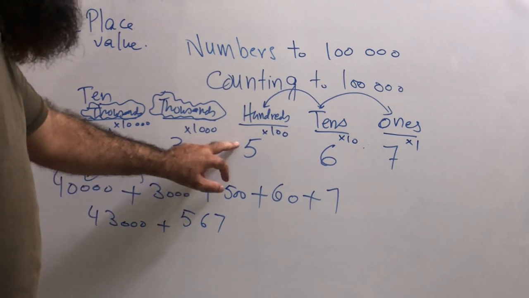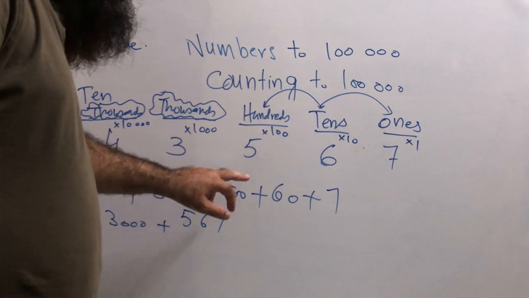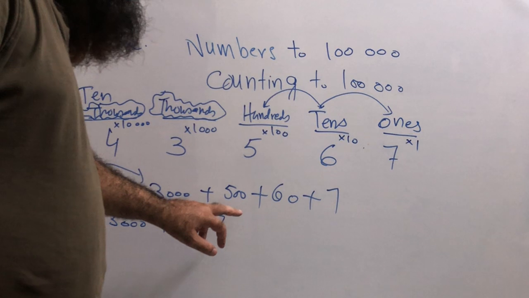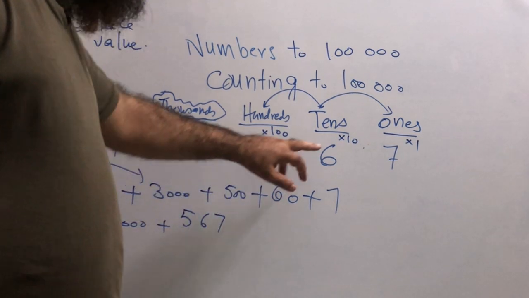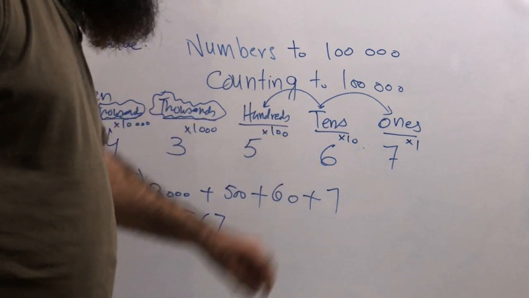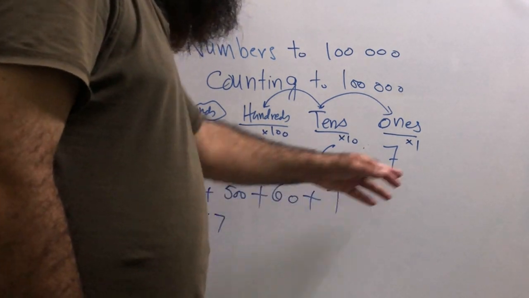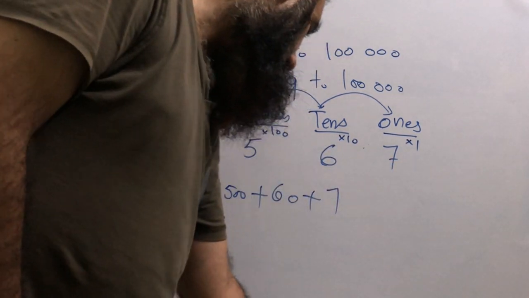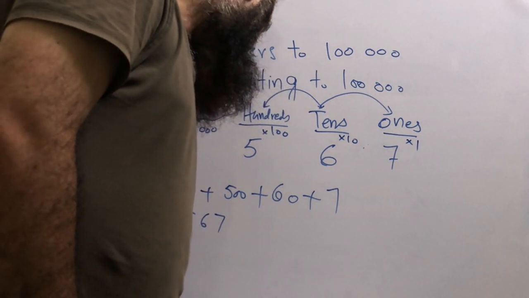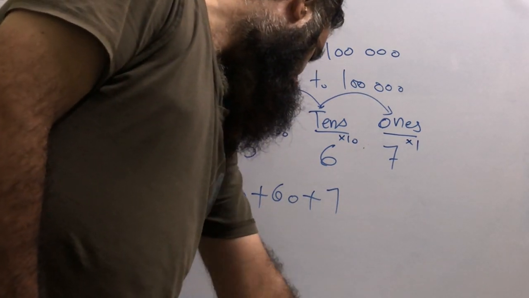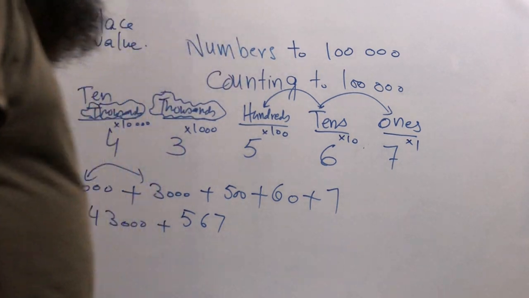The digit 5 is at hundreds place, so its place value is 500. Digit 6 is under tens, so its place value is 60, and the place value of 7 is 7. Okay, so this was question number 1 on page number 2.